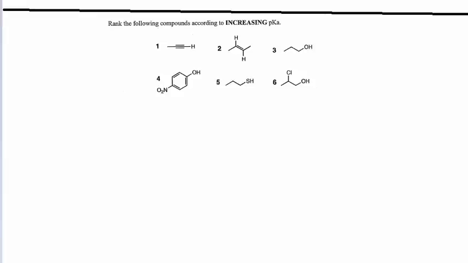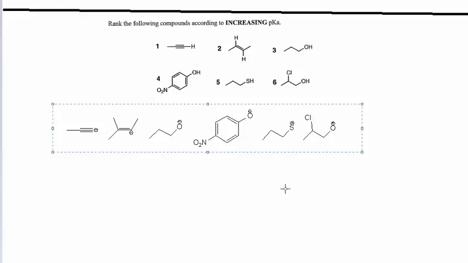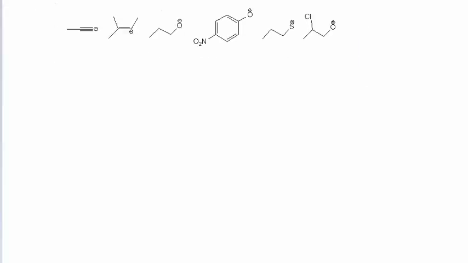So give this a shot. I'll pause the video. Okay, the first thing you want to do is convert each of these to the conjugate base, and then go through your standard process of ranking them according to those four criteria.